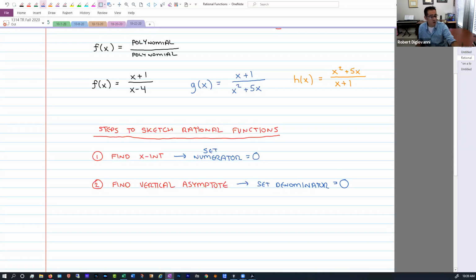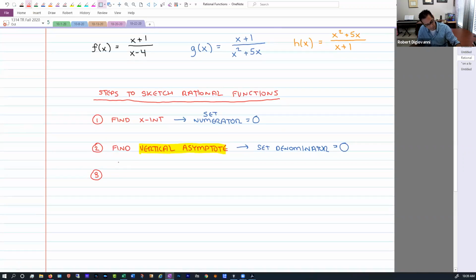Now, I haven't talked to you about what this is, so right now you don't even know what a vertical asymptote is. You know what an X-intercept is, those are dots on our X-axis. But a vertical asymptote, we will discuss next time. I'm just giving you the steps. The next step is that you will have to find what's called the horizontal asymptote.